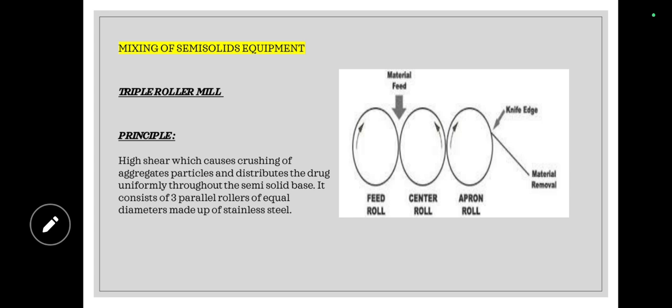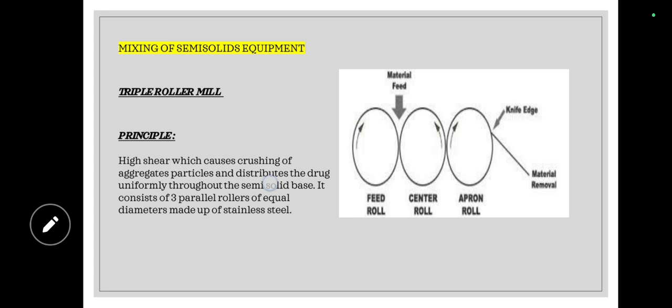Okay, which principle is used in mixing of semi solids equipment? High shear, which causes crushing of aggregate particles and distributes the drug uniformly throughout the semi solid base. It consists of 3 parallel rollers of equal diameters made of stainless steel. What are the uses of the triple roller mill?